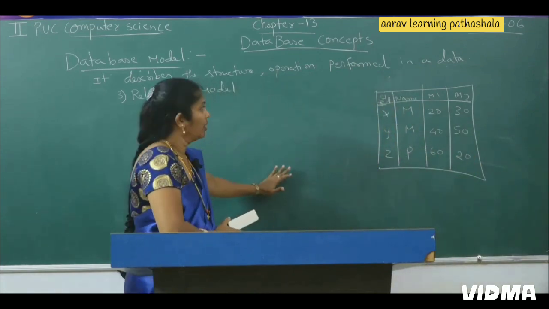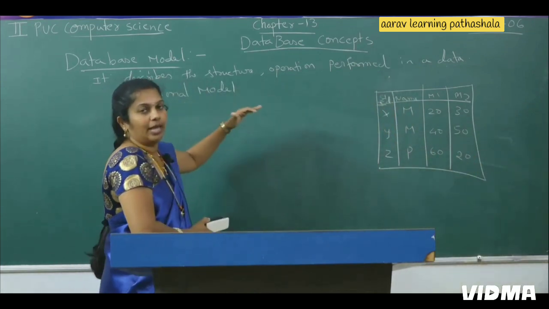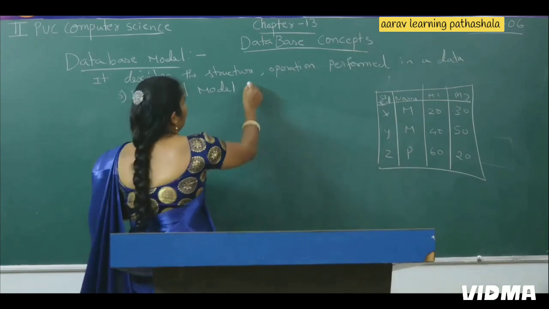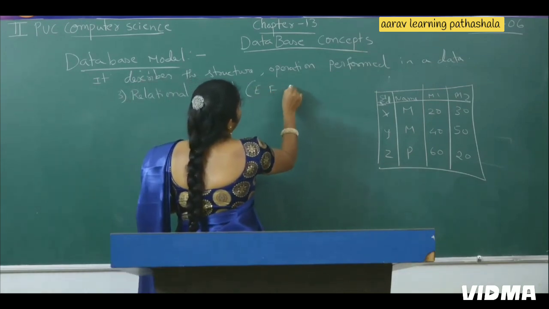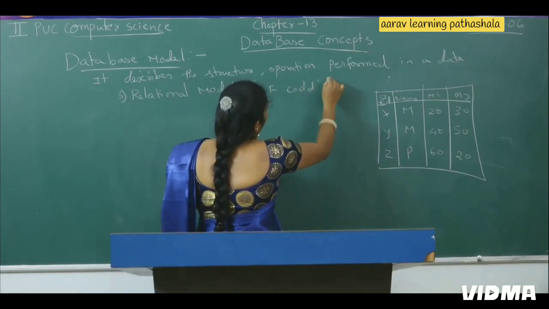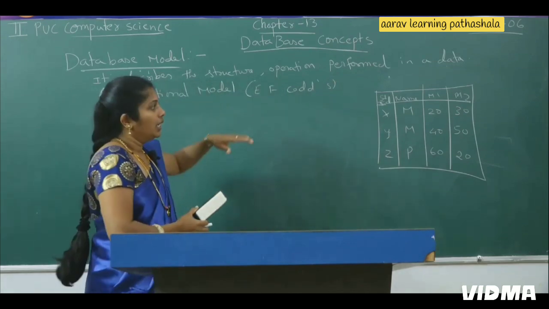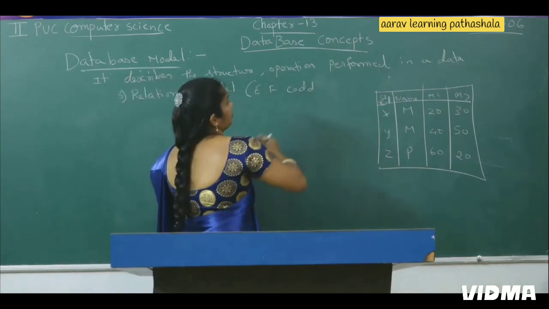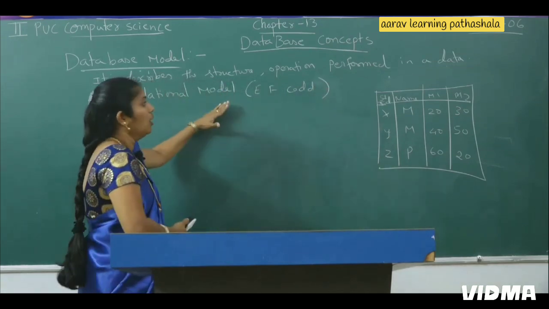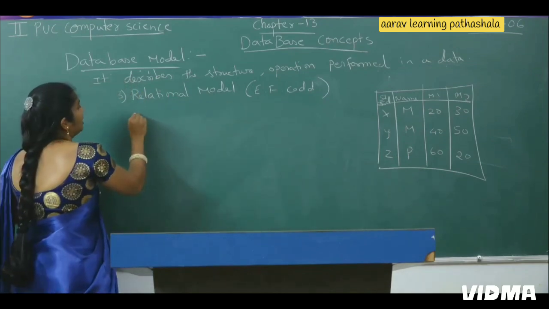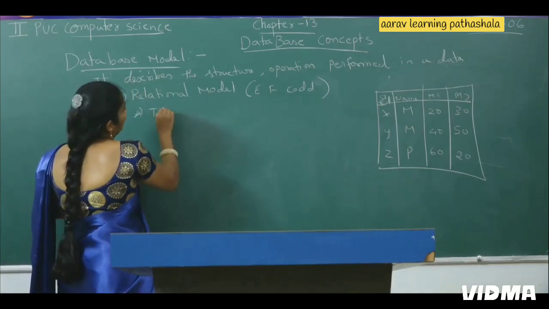Consider this the table. Then in the relational model, which was developed by E.F. Codd, all the data are arranged in table format.